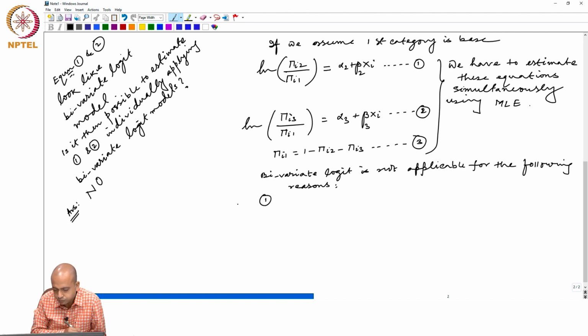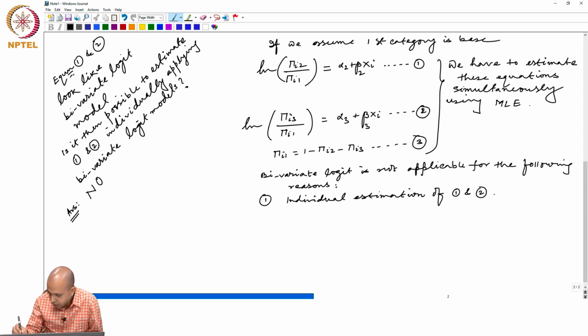Number one, individual estimation of 1 and 2 involves different sample size.